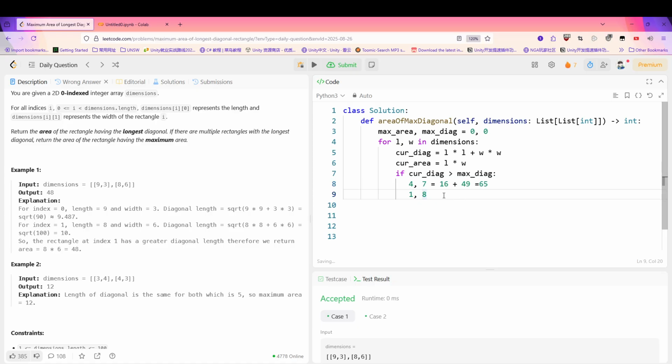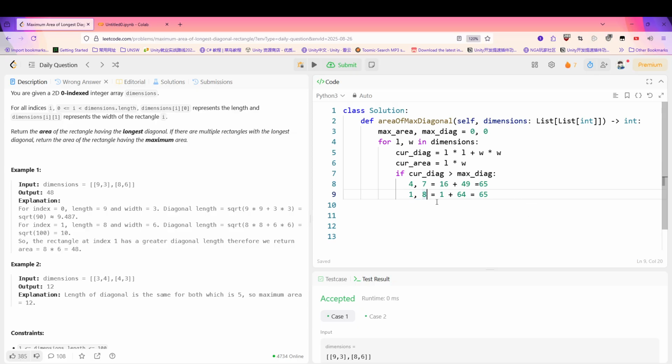And for this one, 1 squared is 1 plus 8 squared is 64, which also equals 65. But which one has the larger area? Of course, it's 4 and 7, because this area is 28, but this one is only 8.